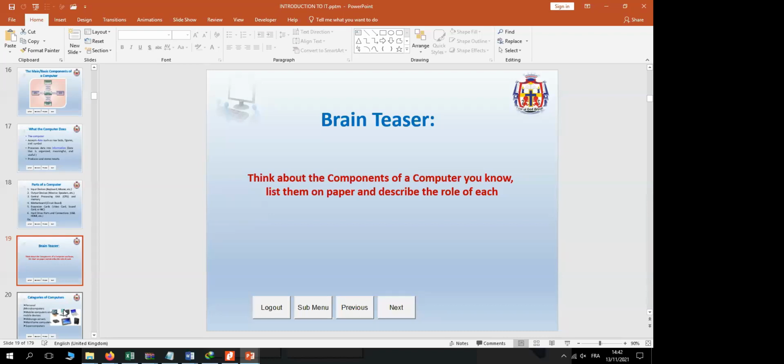Well, how does it look like? What does it do? Why is it found on the computer? It's actually found, I think, in the CPU. It's responsible for carrying out arithmetic and calculations and comparison of data in a computer. Okay, thank you.